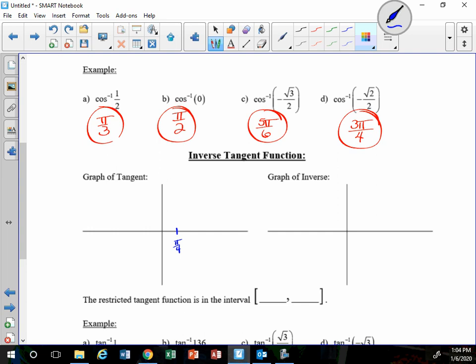I'm only going to graph out to the first asymptote. So I'll do that for my tangent graph.